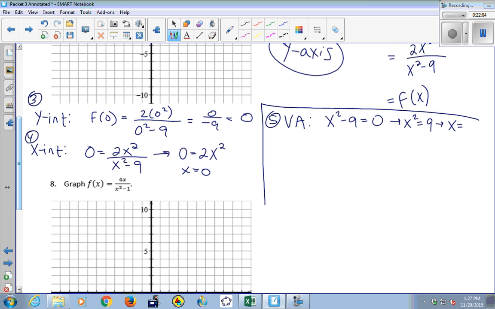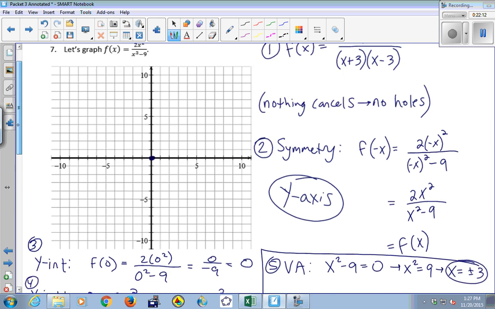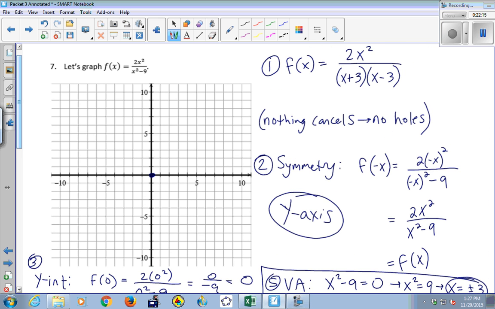Plus or minus 3. So there are my vertical asymptotes. I can draw those in now. So I have my origin, which is my x-intercept and my y-intercept. Then I have vertical asymptotes at 3 and at -3.